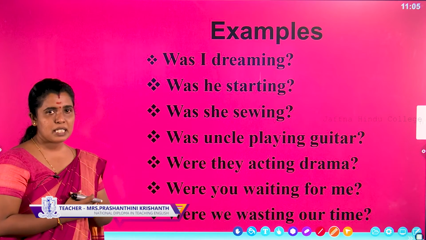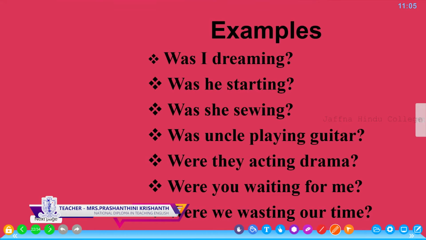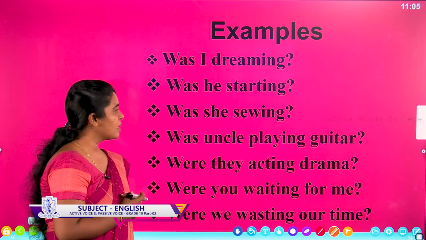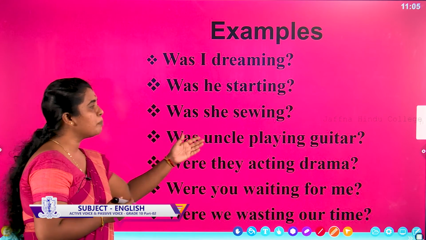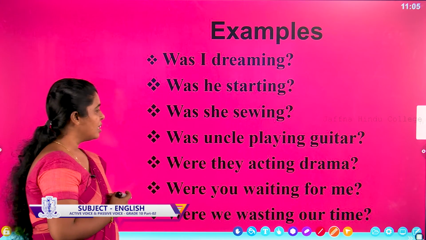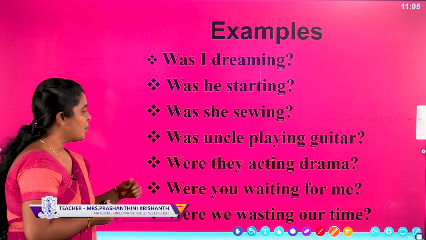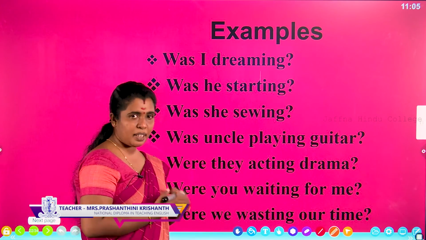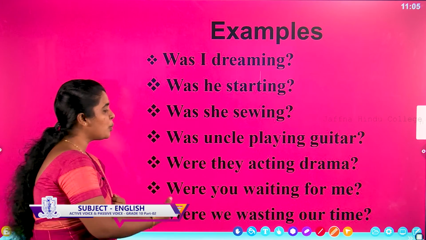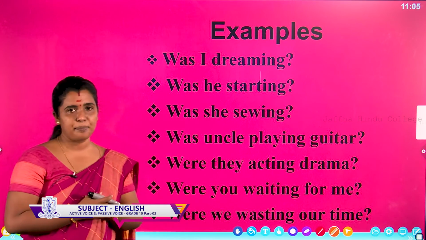See these examples too. Was I dreaming? Was he starting? Was she sewing? Was uncle playing guitar? Were they acting drama? Were you waiting for me? Were we wasting our time? Right?